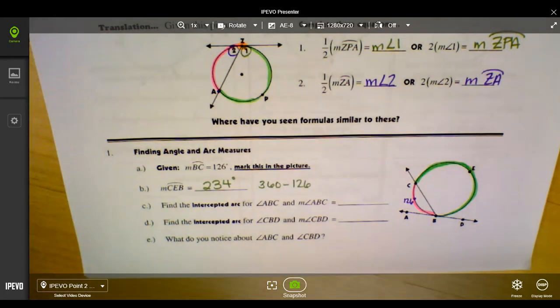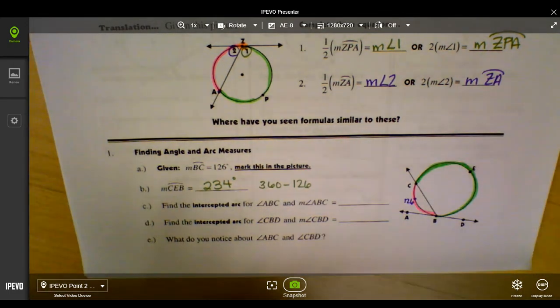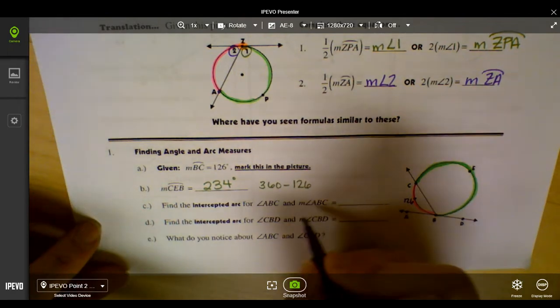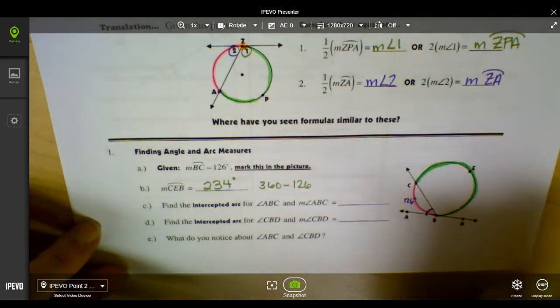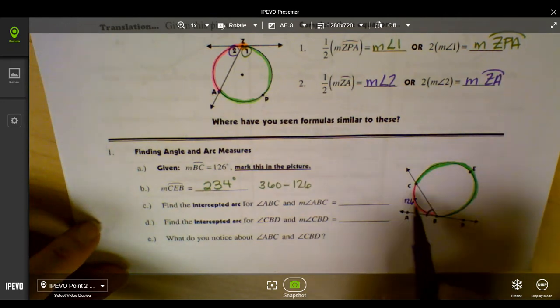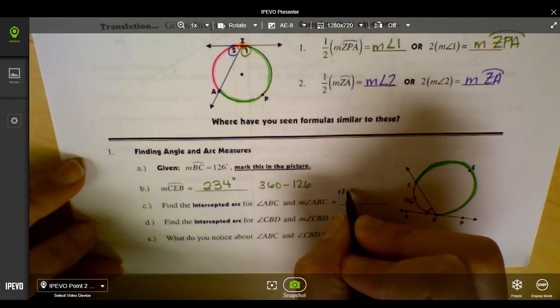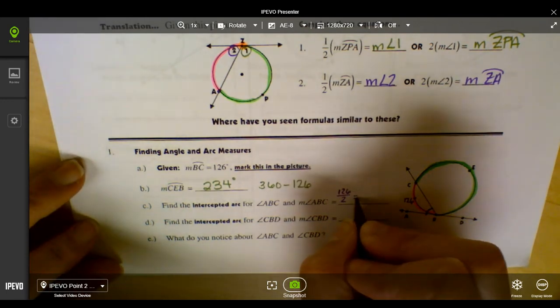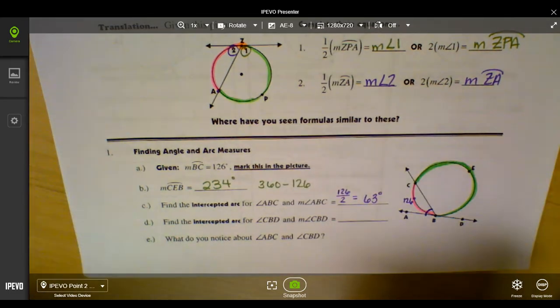All right, now it says find the intercepted arc for ABC. ABC is this one over here, and the measure of ABC. If I'm trying to figure out what this angle is, I know its intercepted arc is this BC arc, which is 126 degrees. So I'm just taking 1/2 of that, or dividing it by 2. 126 divided by 2 is 63.